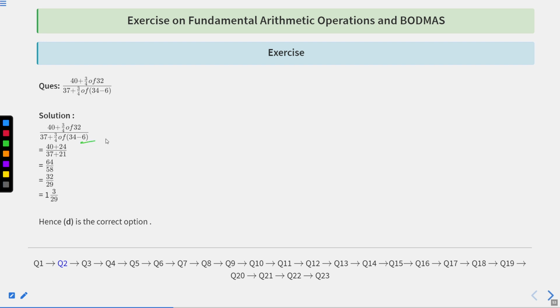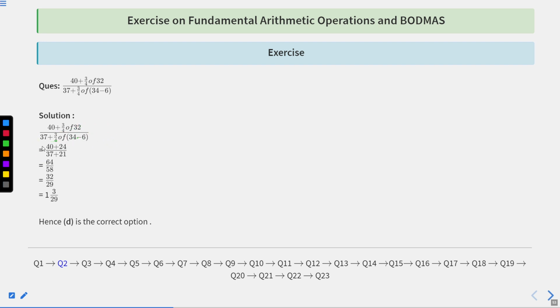The given expression can be written as 40 plus 24, because 4 cancels 32 by 8 times, and this also cancels this one 7 times.